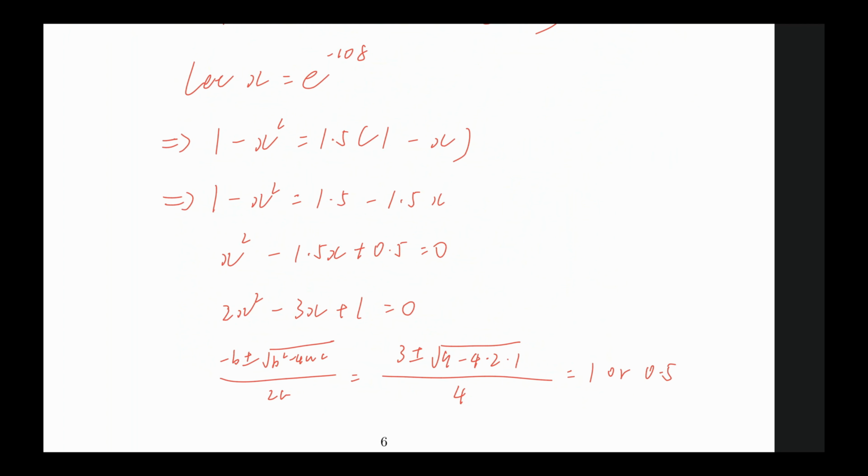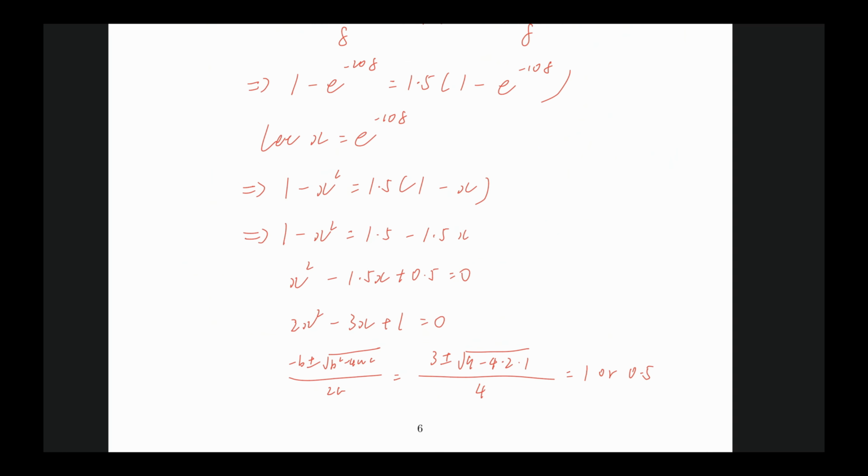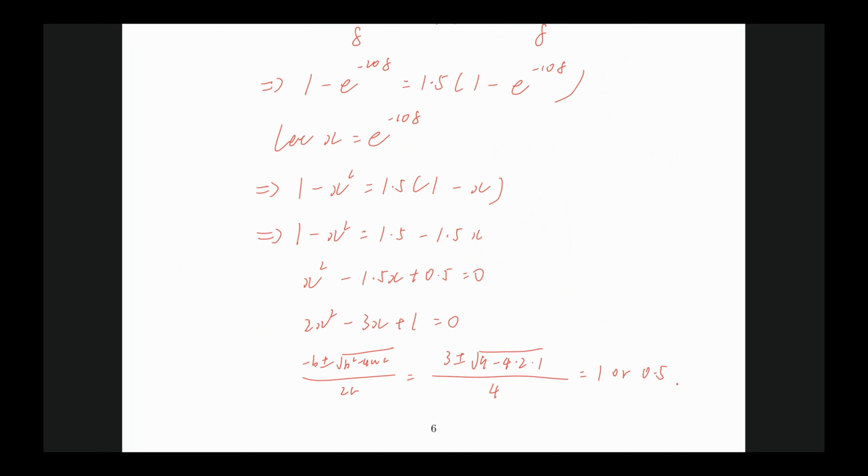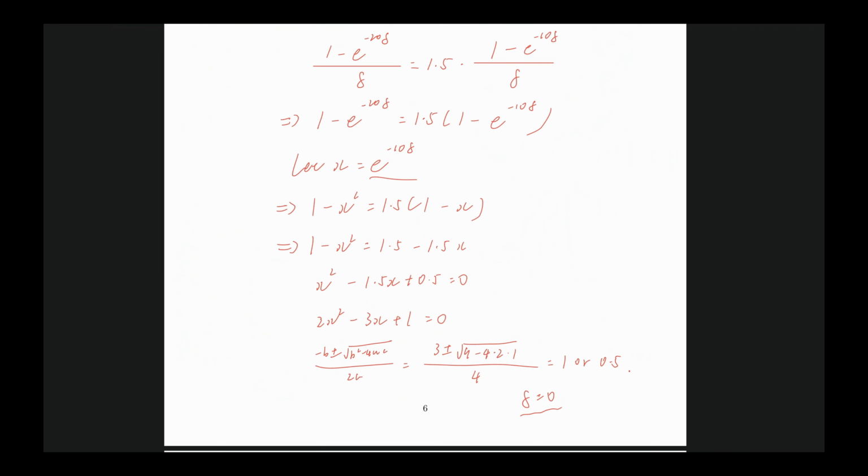The interesting part is this. The only possibility that e to the power of negative 10 times the force of interest equals 1 is that the force of interest equals 0, and that's just impossible.